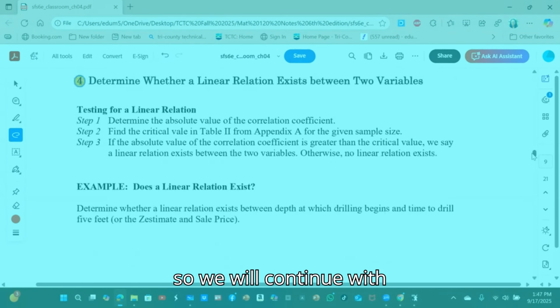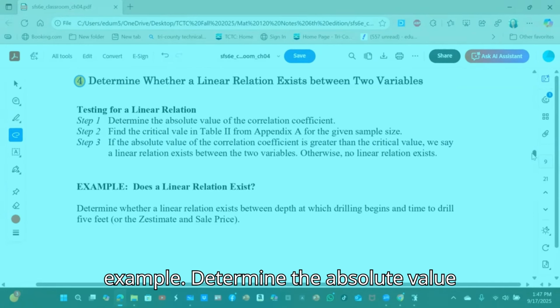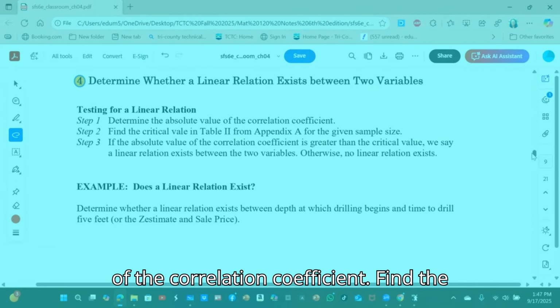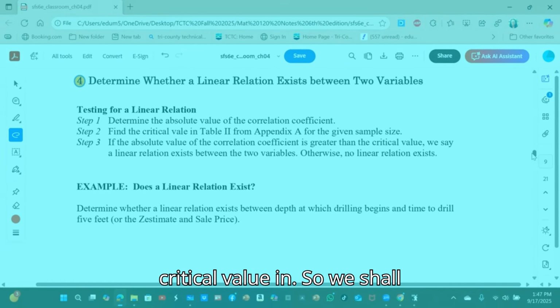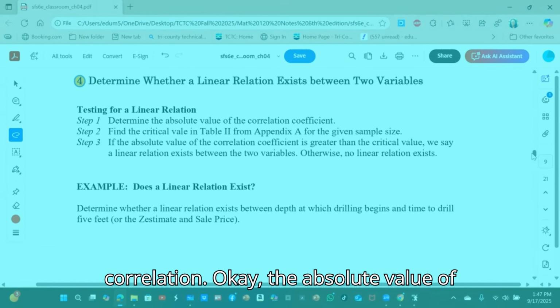We will continue with this next class. We will do another example: determine the absolute value of the correlation coefficient and find the critical value, the product moment correlation.